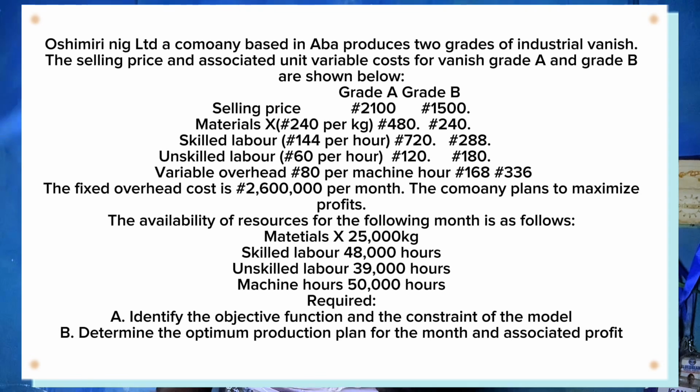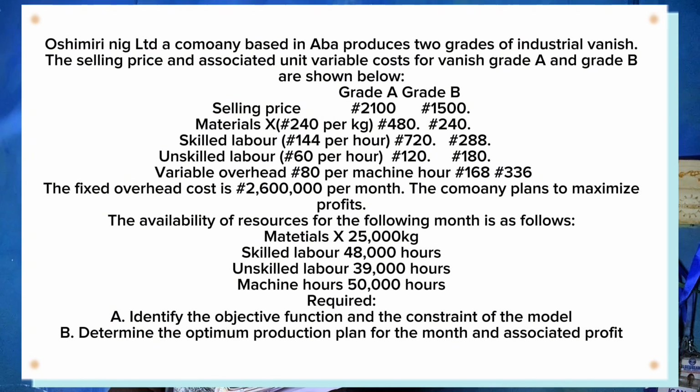Material X, which is 240 naira per kg, 480 for grade A, 240 for grade B. We have skilled labor, which is 144 naira per hour, 720 for grade A, 288 for grade B. We have unskilled labor, 16 naira per hour, which is 120 for grade A, 180 naira for grade B.